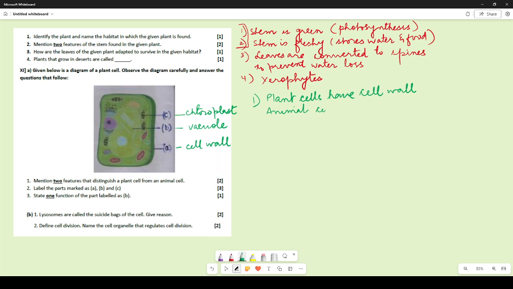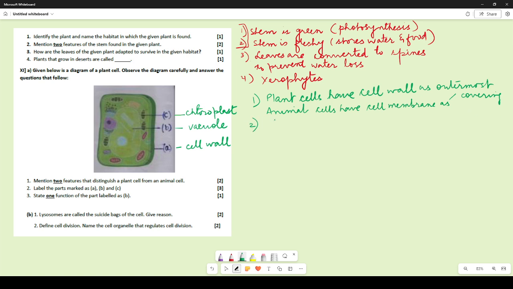So in animals, cell membrane is the outermost covering, whereas in plants, cell wall is the outermost covering.